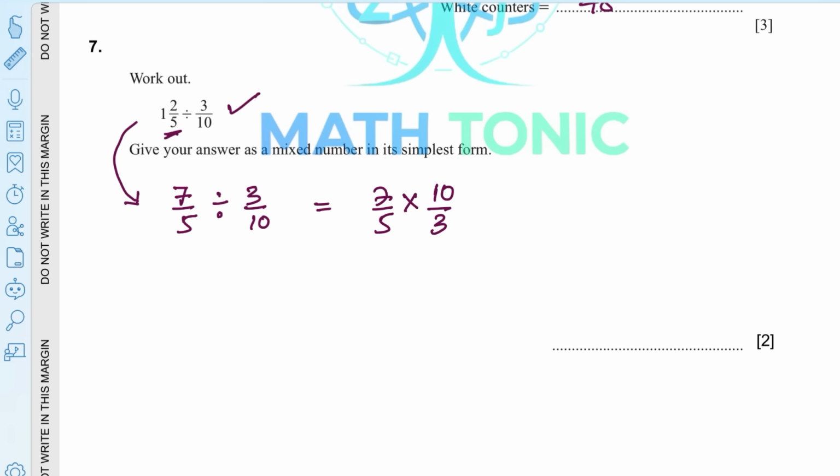Is it okay? Now we can cancel: 5 times 1, and 5 times 2. Numerator times numerator, 7 times 2 equals 14, and 1 times 3 becomes 3. If I write this fraction as a mixed fraction, 3 fours are 12, 2 is the remainder, so 4 whole 2 over 3. Is it okay? Yes.